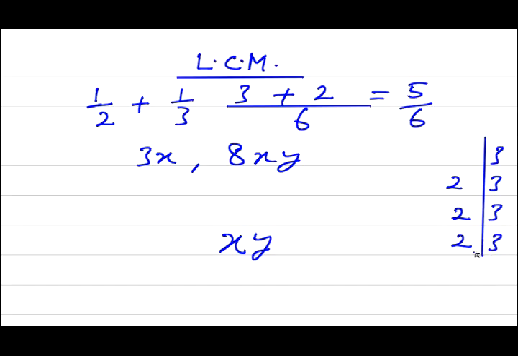You did it in primary school days. The next one will be 3, then 1, 1. So 2 times 2 times 2 times 3 gives 8 times 3, which is 24. So the LCM of 3 and 8 is 24. So the LCM of these two numbers, 3x and 8xy, is 24xy. This is the LCM.